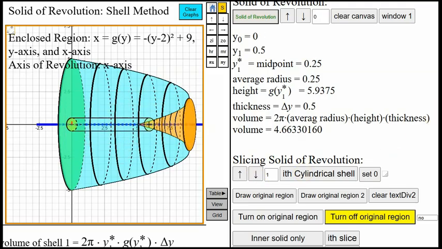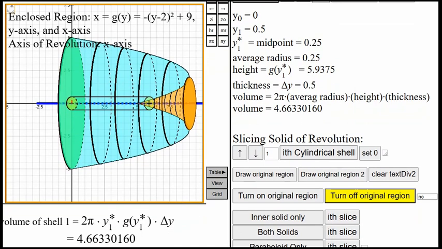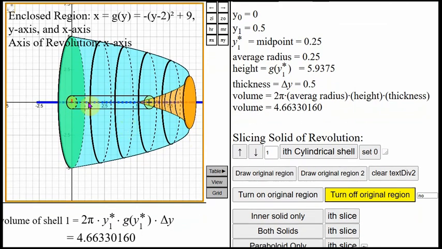So let's take a look at shell number 1 here. Now shell number 1 is going to be between y equals 0 and y equals 0.5. The distance from the axis of revolution to here is 5, and I'm dividing this solid here into 10 shells, and therefore the thickness of each shell is going to be 0.5, and we'll denote it as delta y.